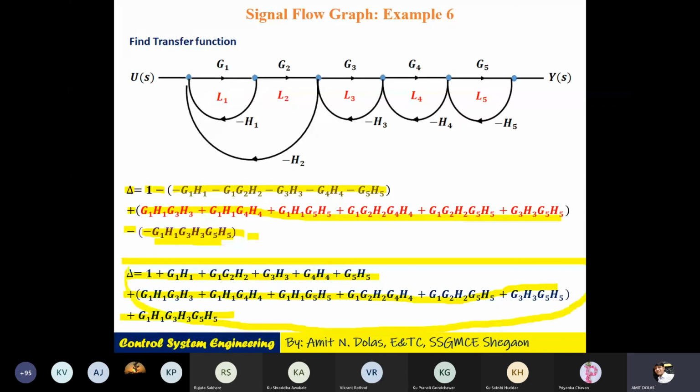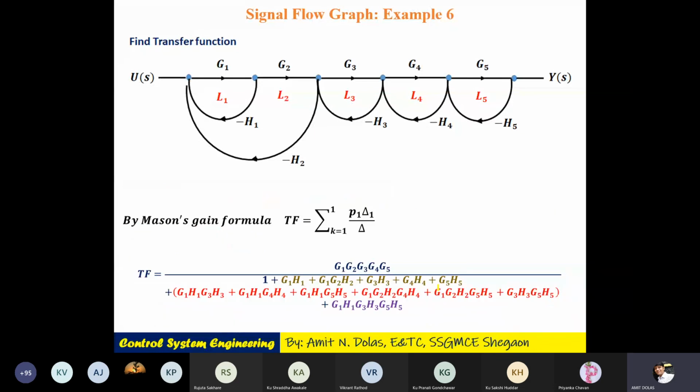Delta 1 is 1, path 1 is G1, G2, G3, G4 and G5. Then lastly, by Mason's gain formula, the transfer function is the summation of P1 delta 1 divided by delta; there is only one path, so it will be 1. P1 is this, delta 1 is 1, that's why no effect. Divided by the complete delta. I have used a color code here.